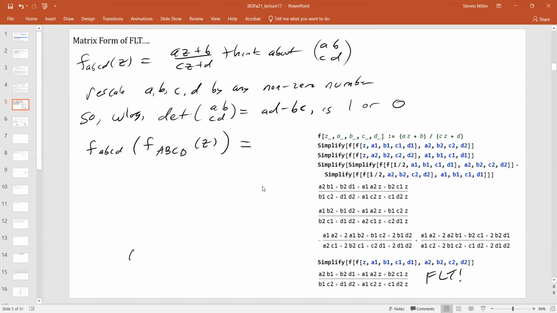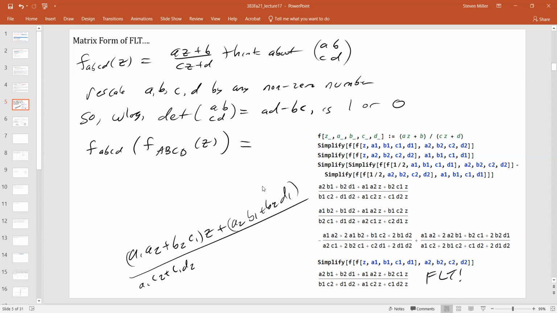It looks like it's A1, A2 plus B2, C1 of Z plus A2, B1 plus B2, D1, divided by, and then down below, it's going to be A1, C2 plus C1, D2, Z plus B1, C2 plus D1, D2. So hopefully I've written things correctly.